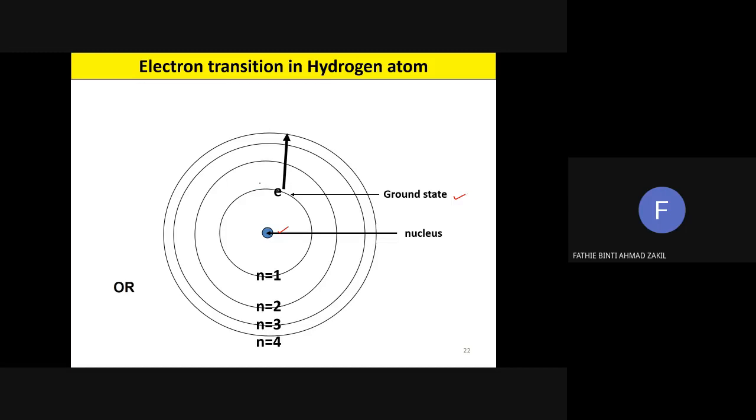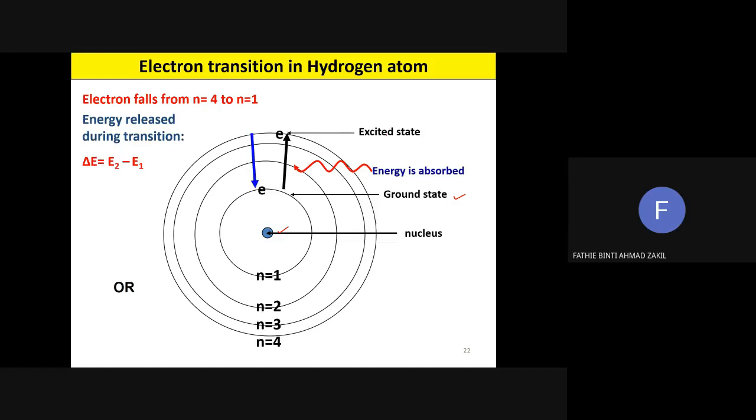Kemudian bila elektron ni move ke higher state ataupun higher orbital, so that's mean energy is absorbed. Yang ni dekat atas kali ni adalah excited state. So electron fall from n sama dengan 4 to n sama dengan 1. Yang ni yang second case tadi. So dia dah turun ke bawah ke ground state. So proses ni kita panggil energy release ataupun energy emit. Emit pun boleh.